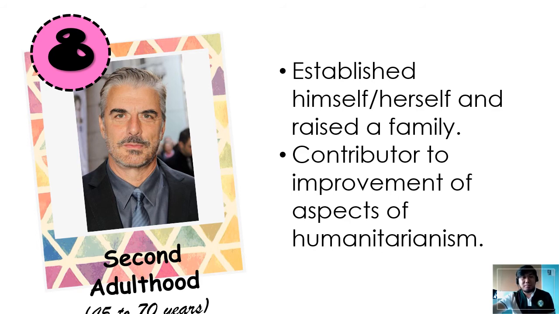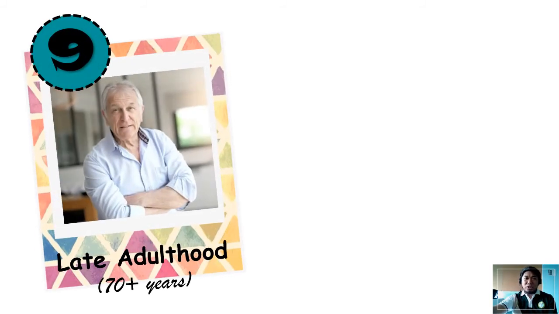So, mas magbibigay pansin na siya sa kapakanan ng iba at sa komunidad. Other benefits from his or her compassion, also they learn from his or her example of giving more of oneself to another. So the last one is late adulthood, or those aged 70 years old and up.